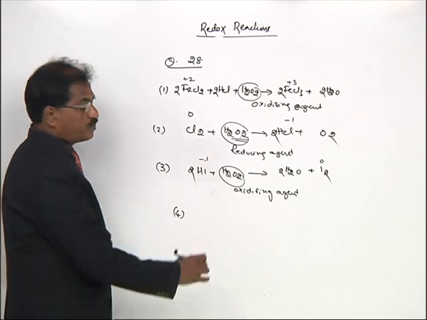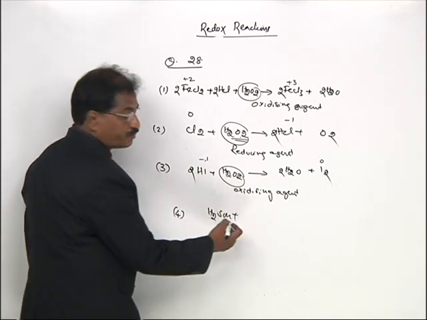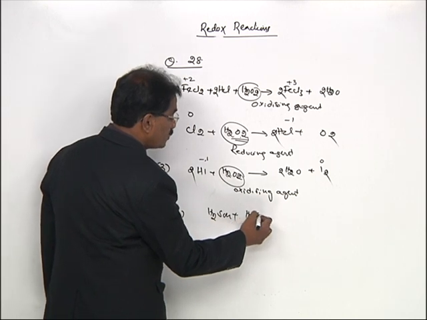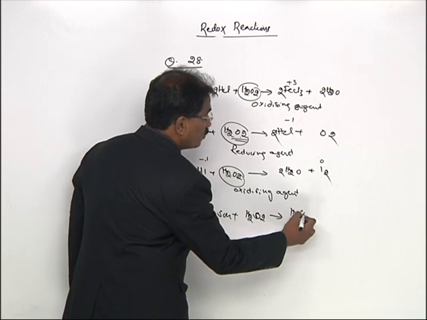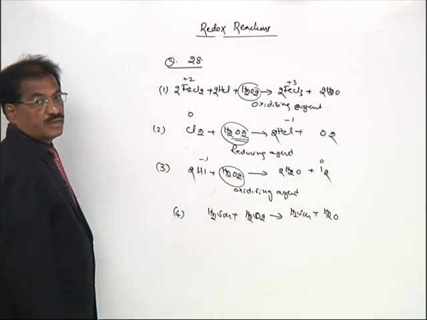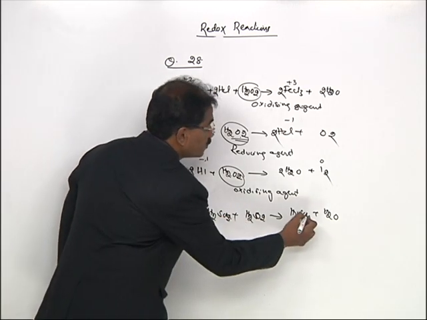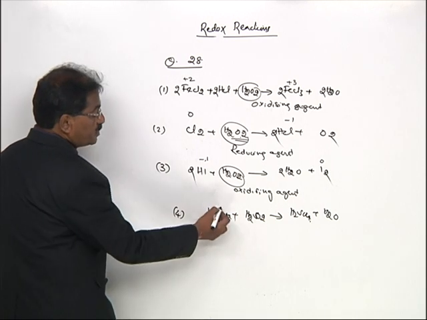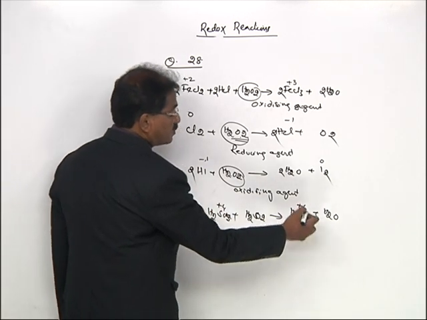Next, in the fourth option, H2SO3 plus H2O2 gives H2SO4 plus H2O. In this reaction, sulfur is in +4 oxidation state, here +6 oxidation state.